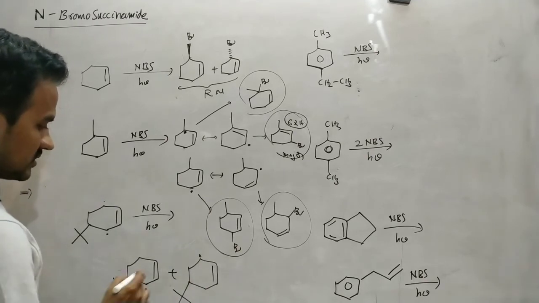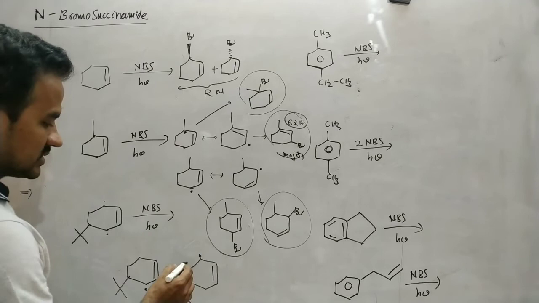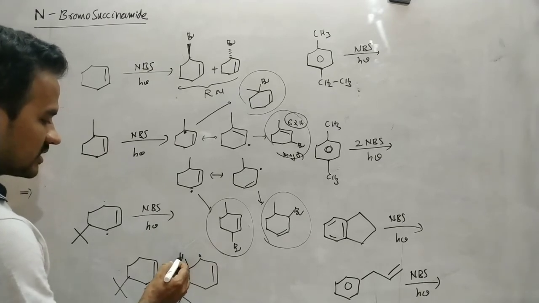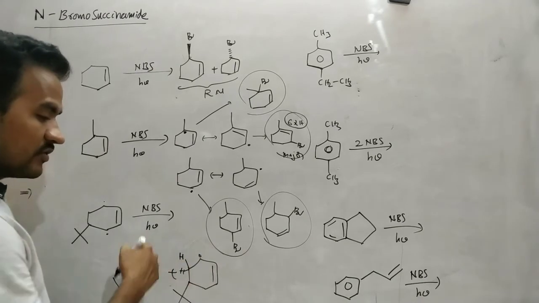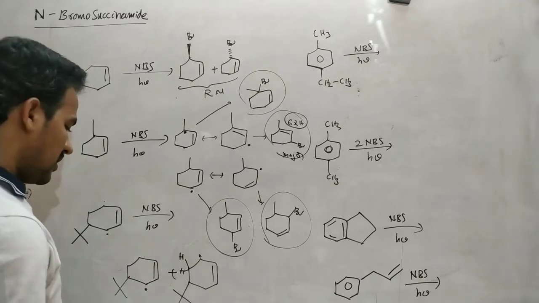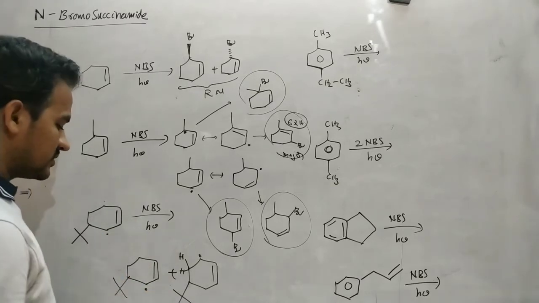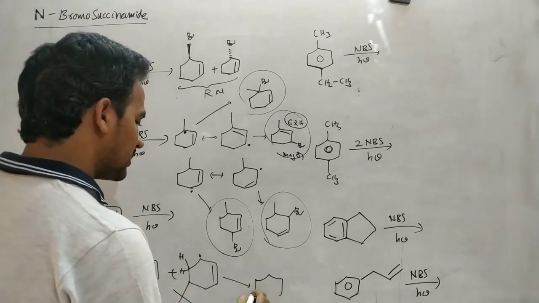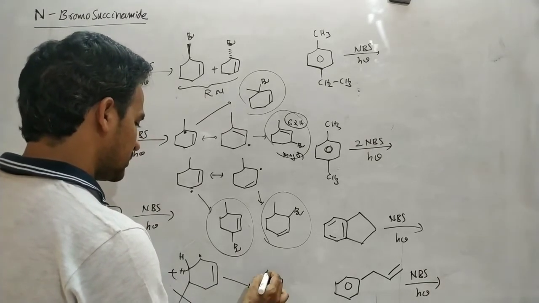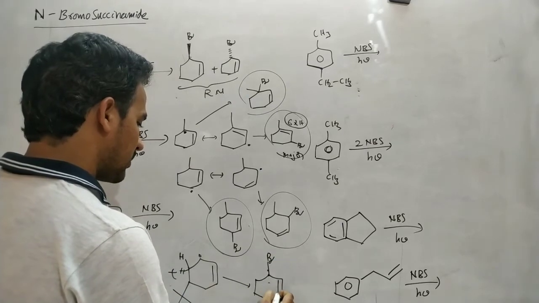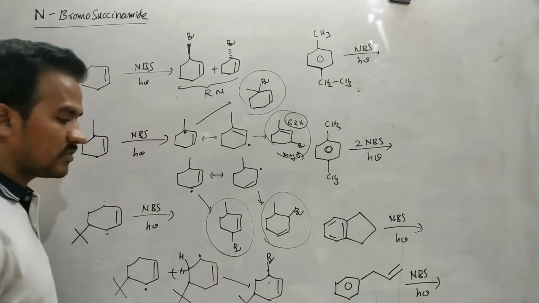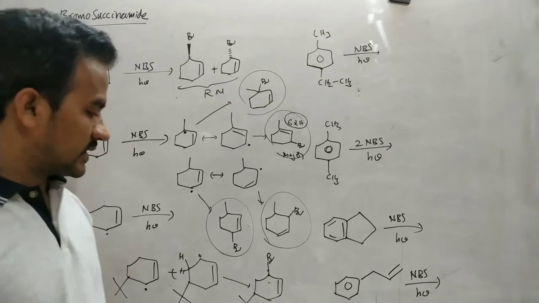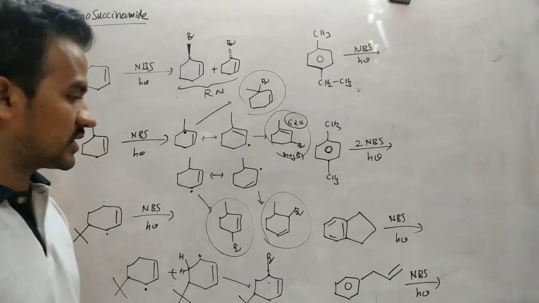In this case, this allyl radical is more stable because 2 alpha hydrogens are there, so 2 additional alpha conjugate structures are possible. But for this one, only 1 alpha hydrogen. So that's why with this radical we will get the major product. This is the bromine and pi bond. That is the reaction, and that is the major product.